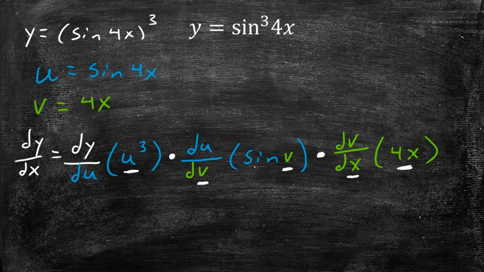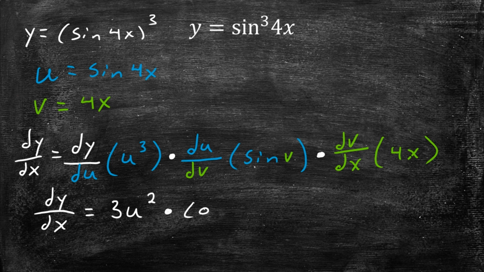So now we can go ahead and take the derivatives of all of these, and that will be our answer. So dy over dx is equal to the derivative of u cubed is 3u squared times the derivative of sine of v with respect to v is just cosine of v times the derivative of 4x with respect to x is just 4.